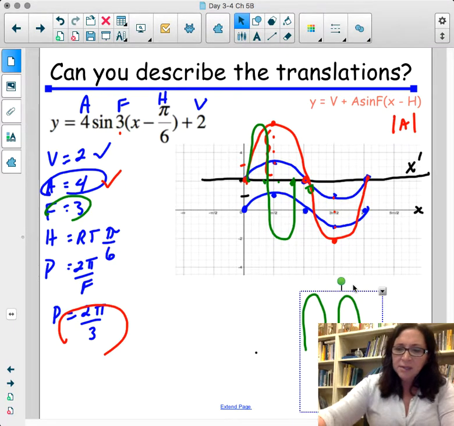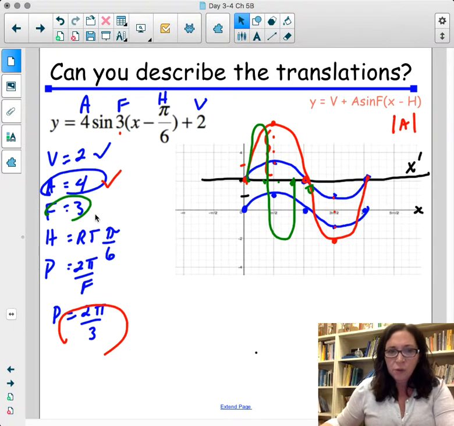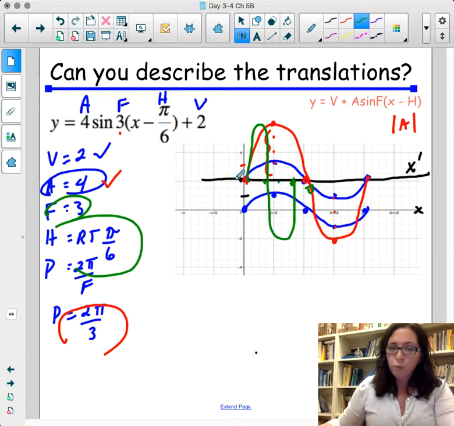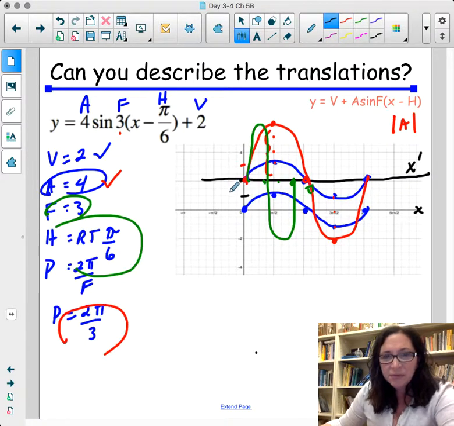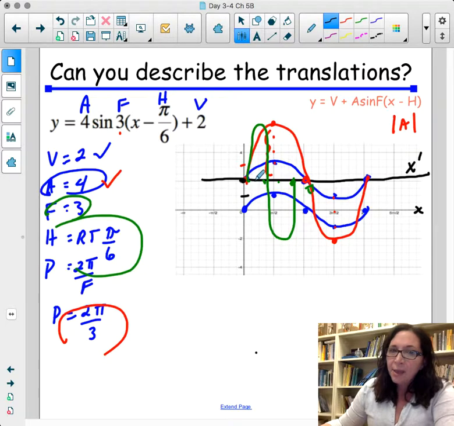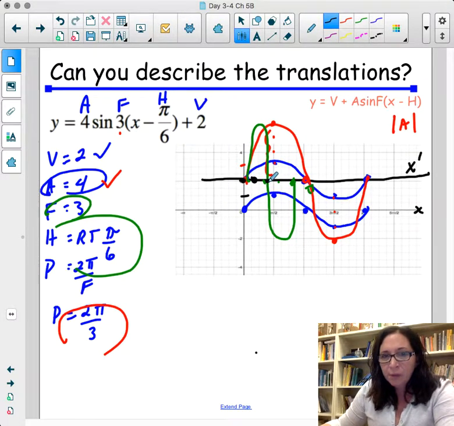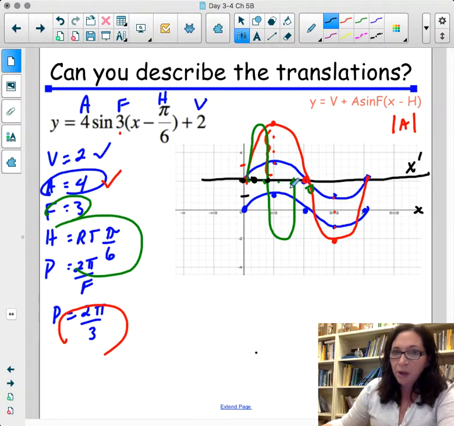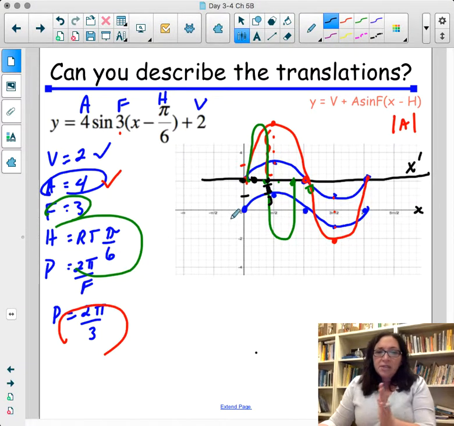And the reason is because we still have to find the horizontal shift. So we have to take our graph right pi over 6. So now everything is shifted to the right. So instead of starting at 0, I'm actually starting at pi over 6. Instead of going through here at pi over 3, because remember that's 2 pi over 3, so that would be 1 pi over 3, I'm moving it pi over 6 over.